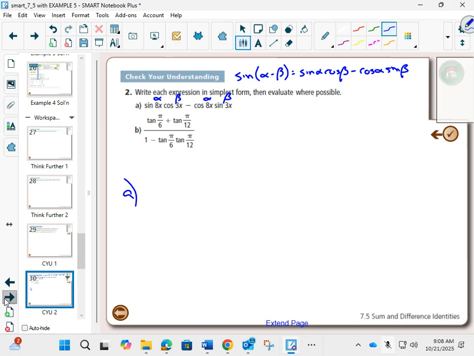This one matches up exactly. So that means that I have the right-hand side of that formula, and I can change it to the left-hand side. My alpha was 8x, my beta was 3x, and of course that would simplify to sine of 5x.